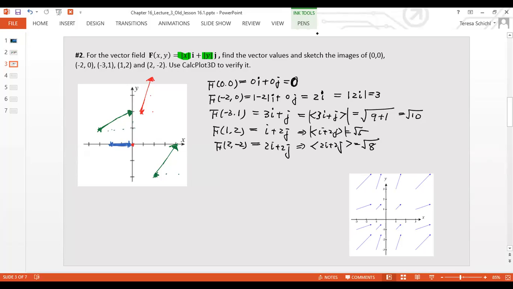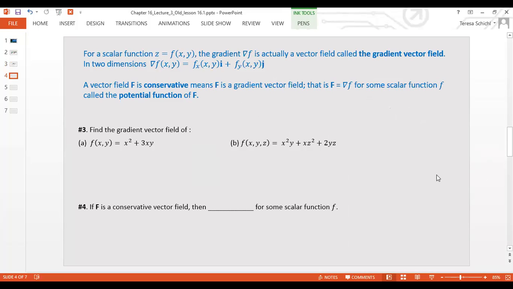Okay, the next one we're going to talk about is very important. We said the scalar function: if you give me a function z equal to f of x, y, we know the gradient del is a vector field, right? How do we define the gradient vector?